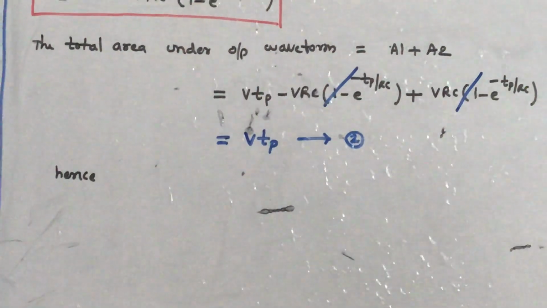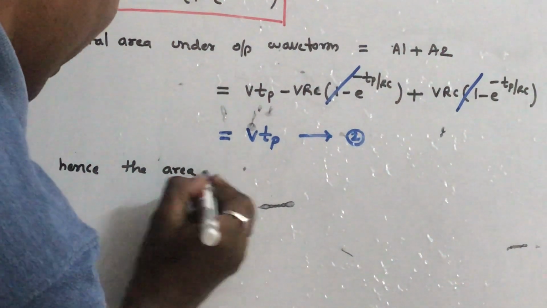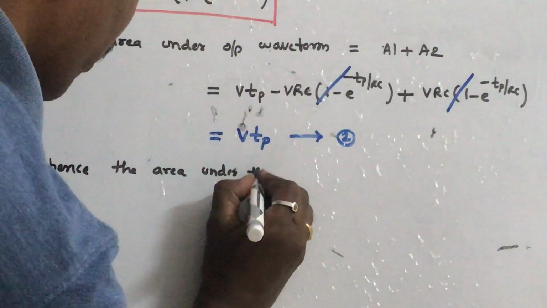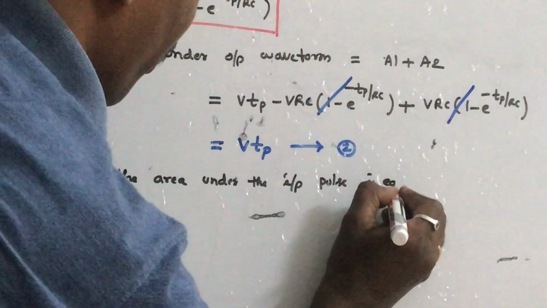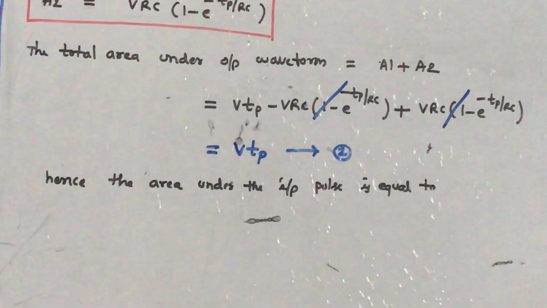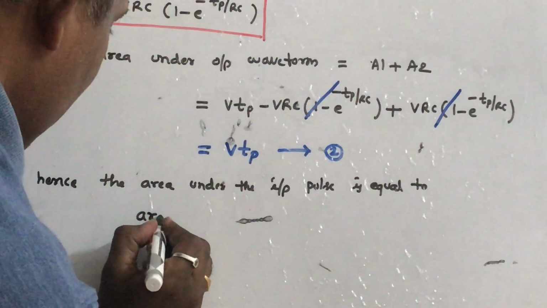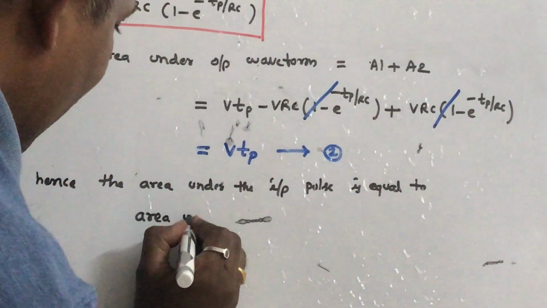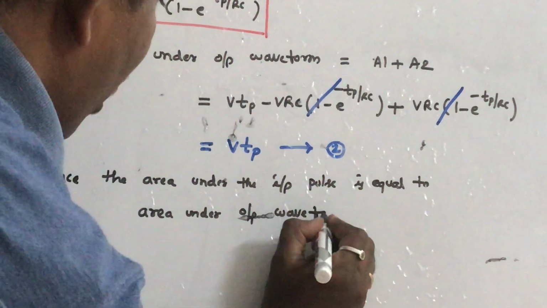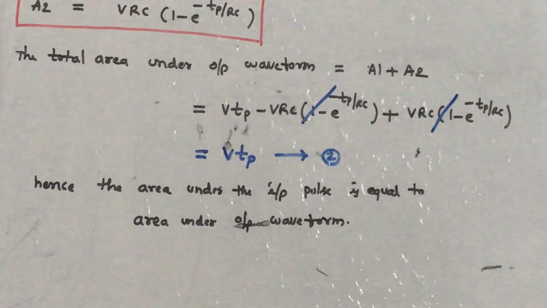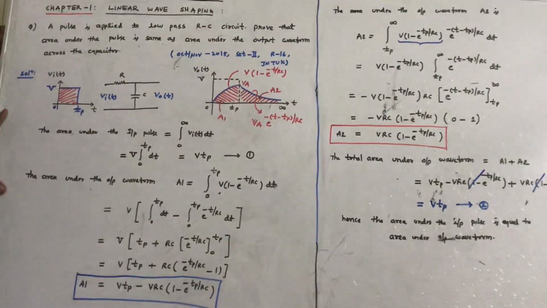Hence we can write that the area under the input pulse is equal to the area under the output waveform. So this is what it was asked to prove. Very simple question. Simple mathematical knowledge is required to calculate the areas. Thank you.